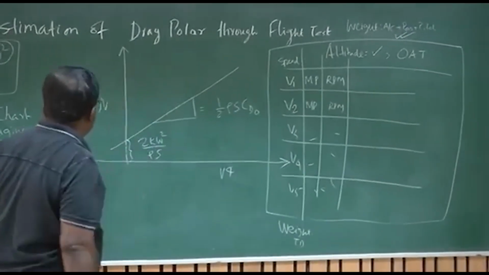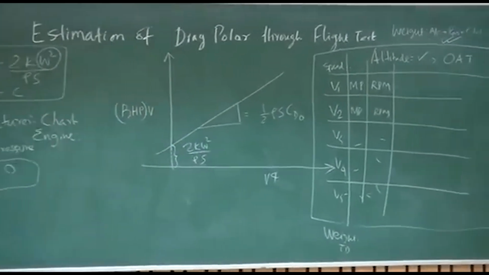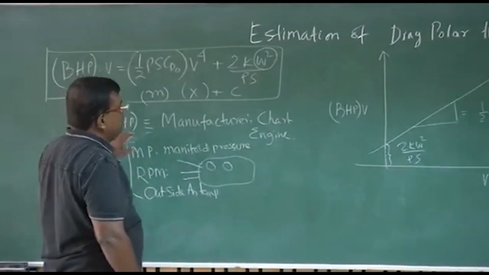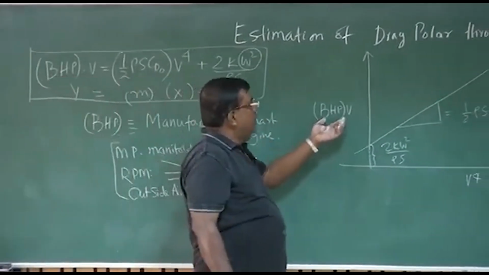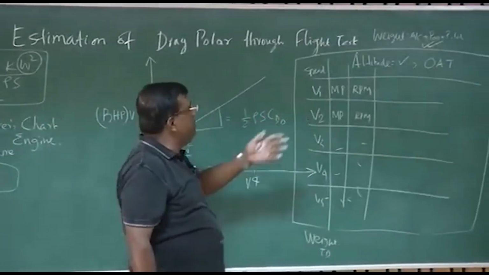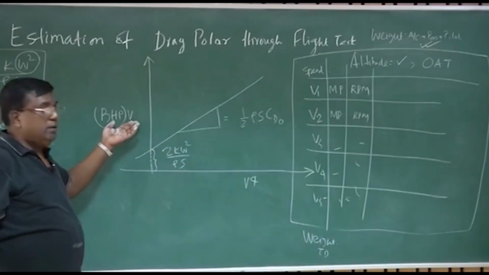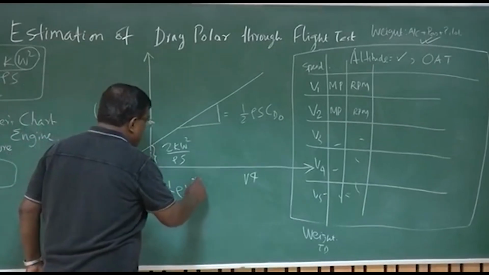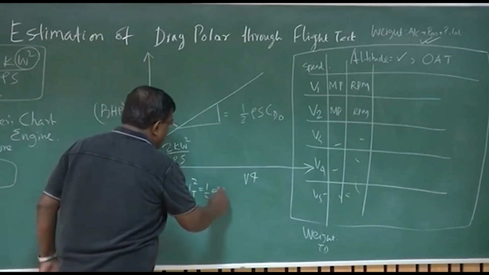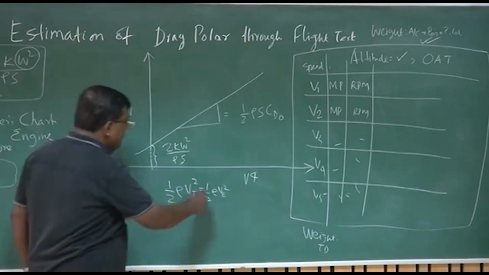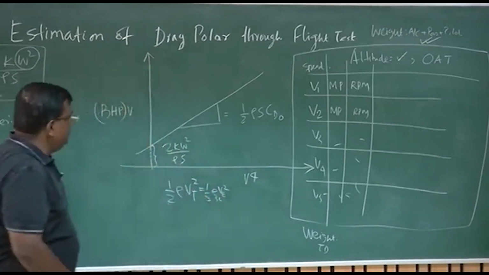Now it is simple for me. I'll use manifold pressure, RPM, and outside air temperature to find BHP. I will use equivalent air speed to find V by using the relationship half rho V true square equals half rho sea level V square.